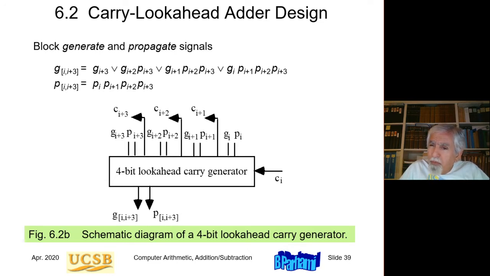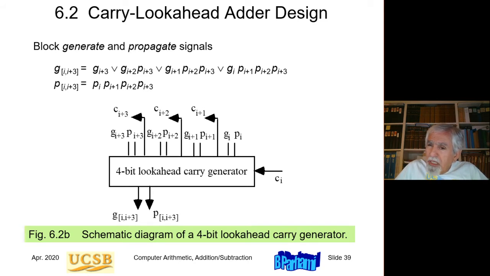So this is a 4-bit block within a longer addition. It spans positions i to i plus 3. A carry comes into this block, and we need to produce those intermediate carries. So Ci is known.